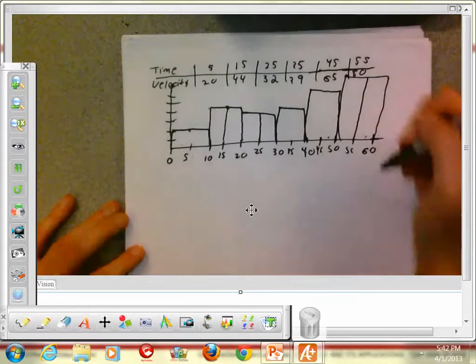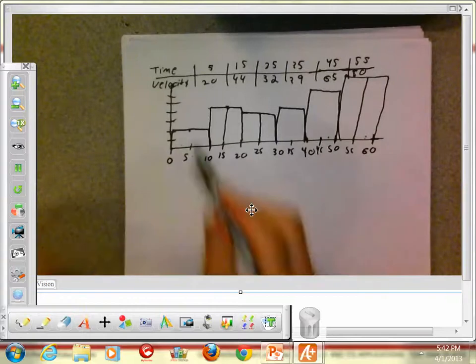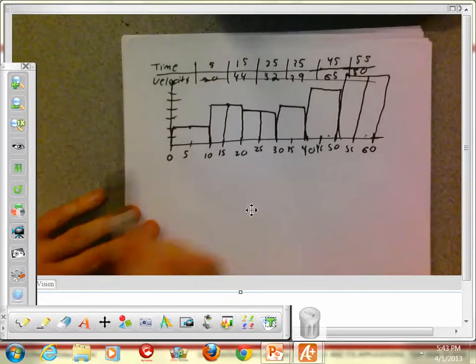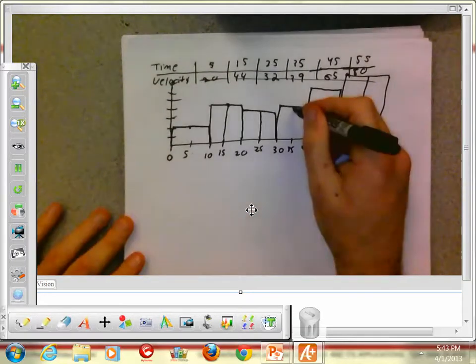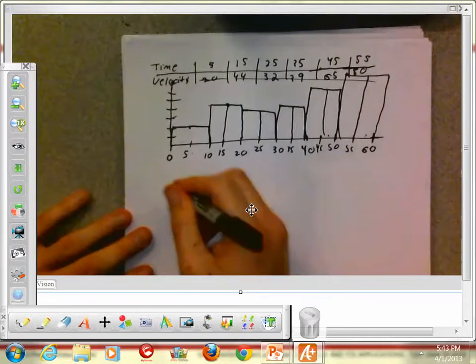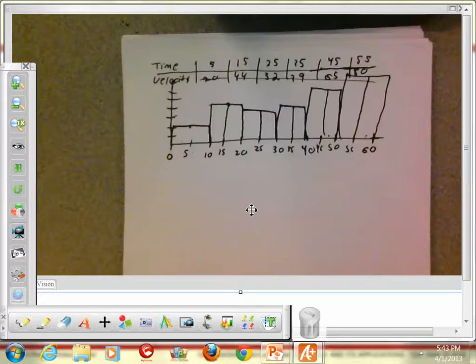Okay. So what's the base of each of these rectangles? 10. And the heights of the rectangles are these values right here. So what we're going to do is, how many rectangles do we have here? 6. So the amount the car displaces is going to be the area under all these rectangles.